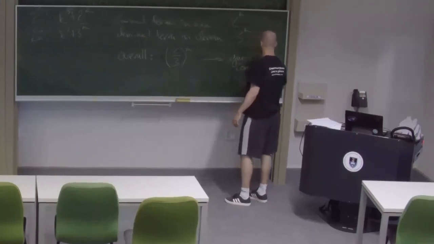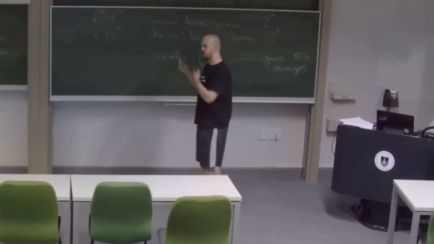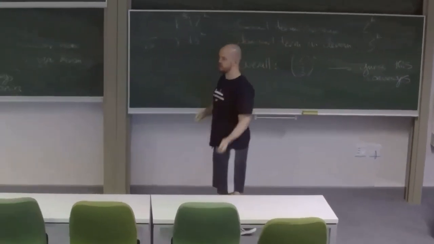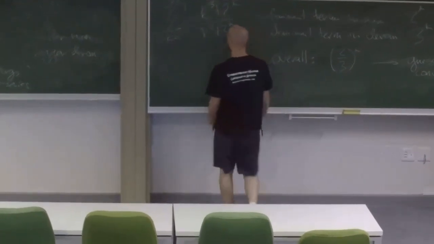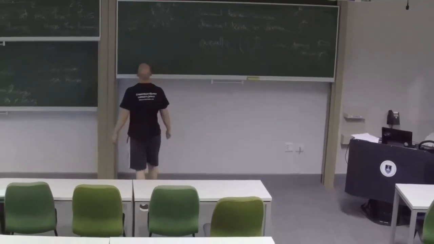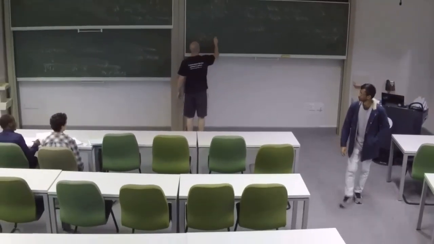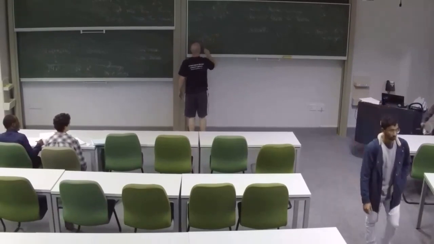So overall, we guess this converges. That's our suspicion. Why do we need to do that? Because we need to know whether we're looking for something bigger that converges or something smaller that diverges. It's guiding us how to use the comparison. So our guess is we need to find something bigger.